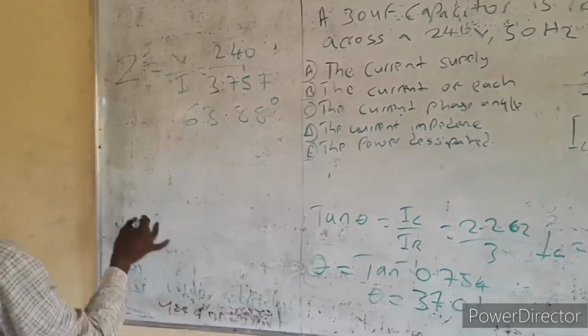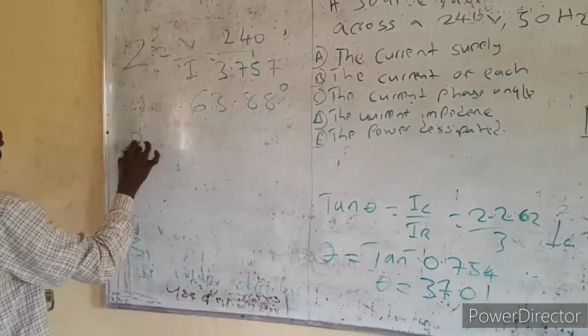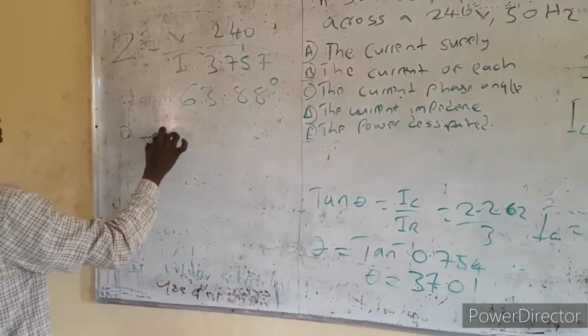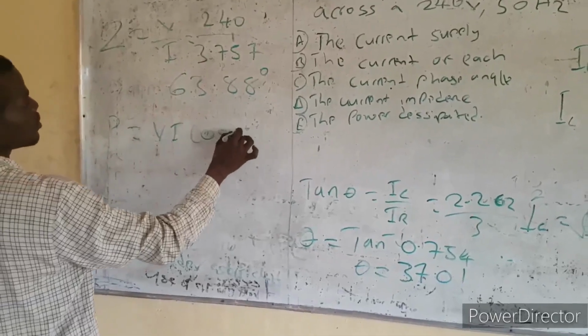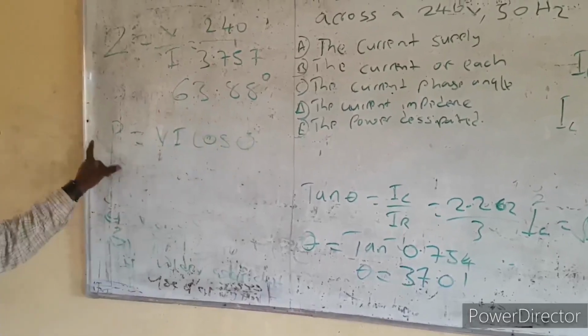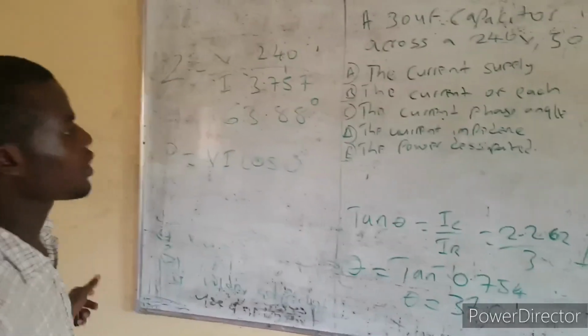The formula for power dissipated is P equals V times I times cos theta. This is the formula if you want to solve for power dissipated.